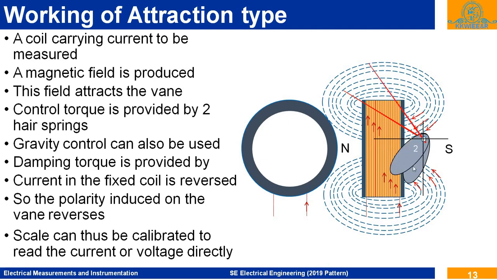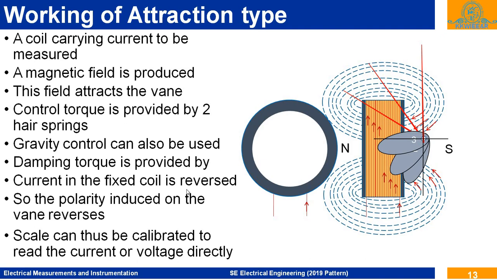As current increases, the iron piece will move inside, and as current increases more, it moves further. The iron piece gets attracted in the magnetic field. As the magnitude of the field increases, the movement of the iron piece also increases, and the pointer will move, so the deflection theta is also increased.